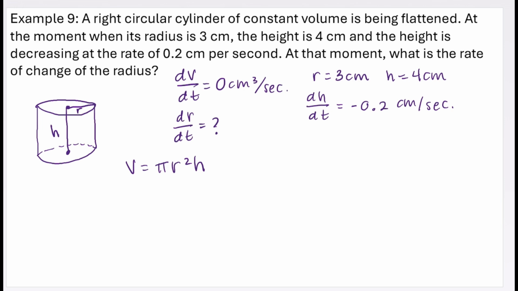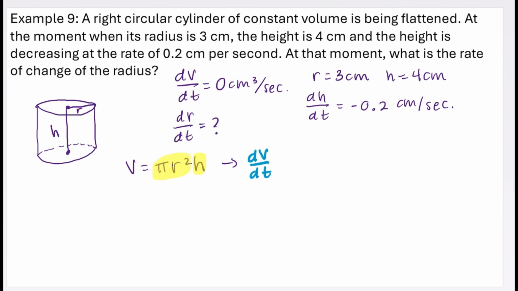So the derivative of V is going to be dV/dt. And then I'm going to have to do a product rule on the right side of the formula. I'm going to put the pi with the r squared. So pi r squared will be the first function and h will be the second function.